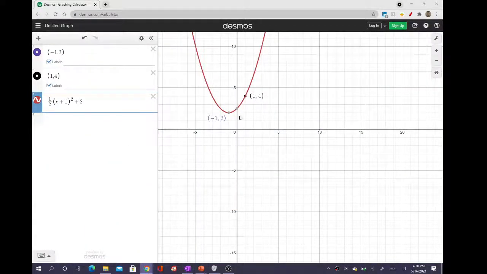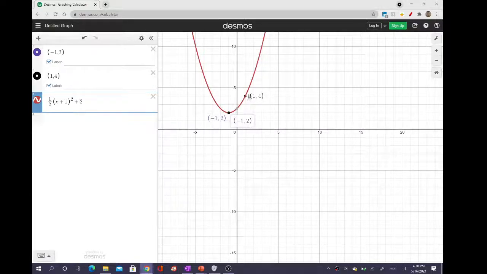Remember I said that if your second point is lower than your vertex, let's say instead of 1, 4 it was like 10, -1, then on the Cartesian plane, on the xy axis, your parabola is going to be going downwards.